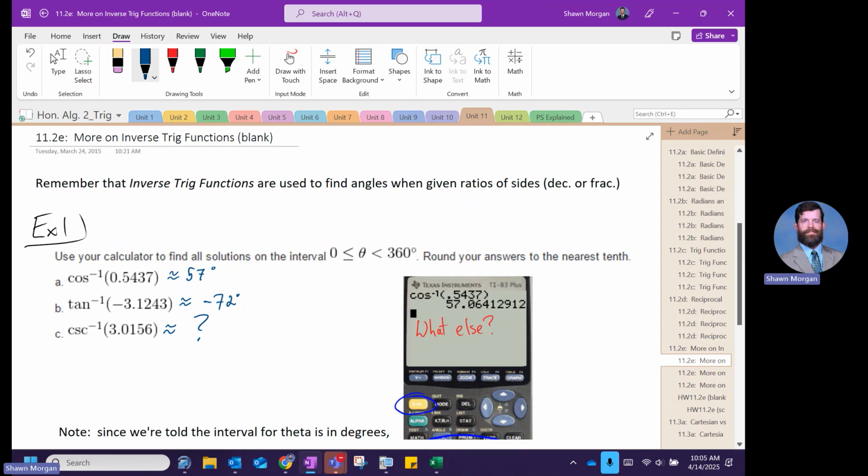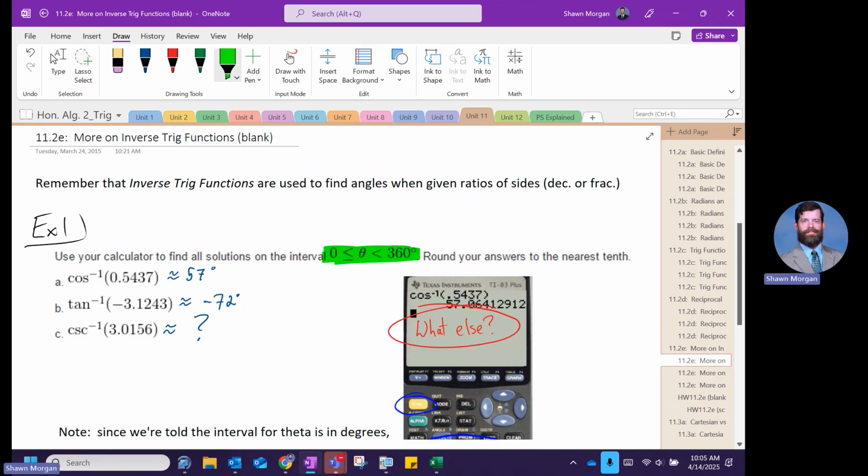Okay, but let's pause just for a sec and see if we can go back to my question in red here of, okay, what else? If I've been given in the instructions that I'm supposed to find all of the angles from 0 to 360 that produce this value right here, I say the question, what else?